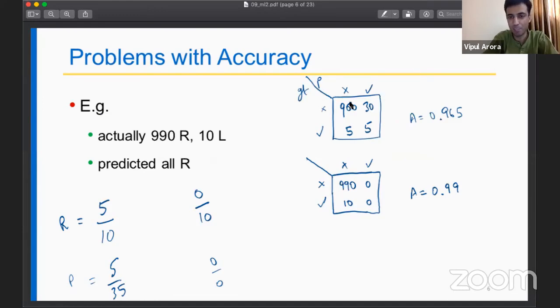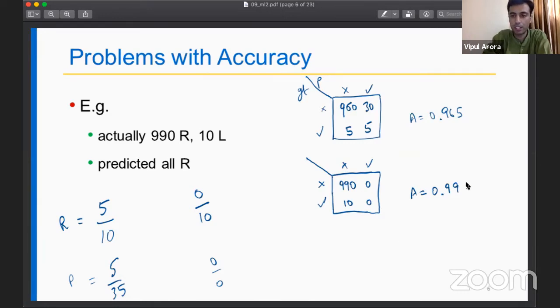If mostly people don't have corona and my rapid test is a fake test, it always says no corona, no corona, no corona. So all these 10 people who actually had corona are also put into the same basket, that they don't have corona. So this test is basically a fake test. But still, if you compute the accuracy, what would be the accuracy? So trace divided by everything.